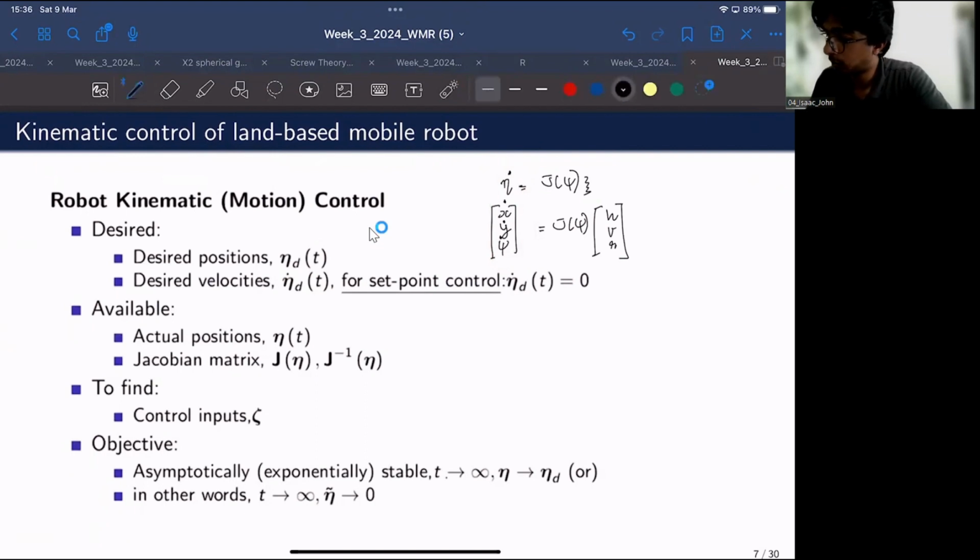For example, consider this to be the inertial frame of reference, maybe xi, yi, zi, and there is a mobile robot with its own body frame of reference, maybe xb, yb, and this being the frame b.